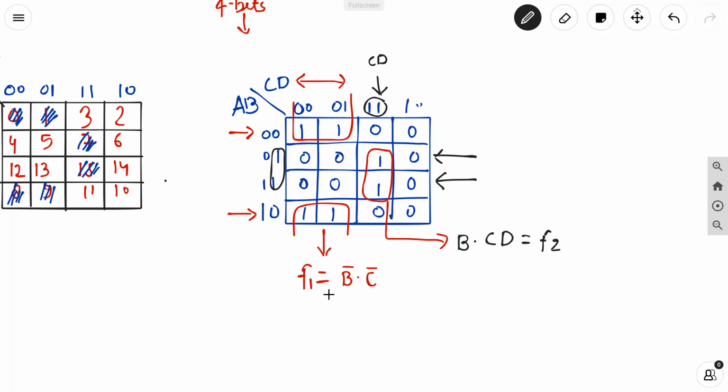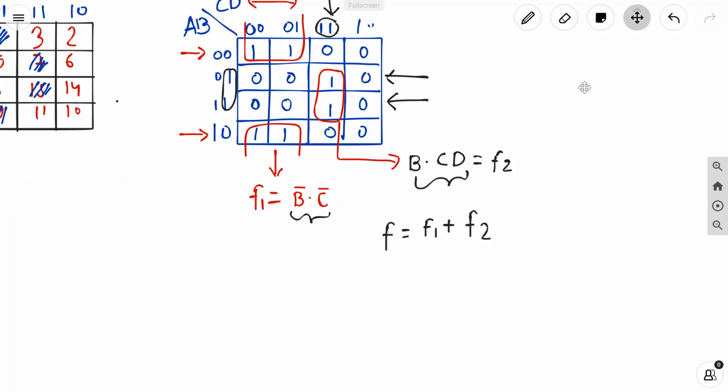For the quad we have one product term, and for the pair we have a second product term, known as F2. So the complete function will be F1 plus F2, which is the summation of two product terms.